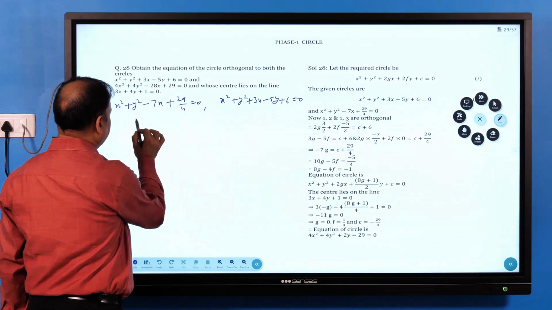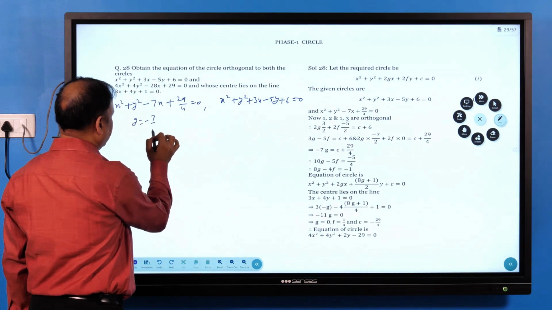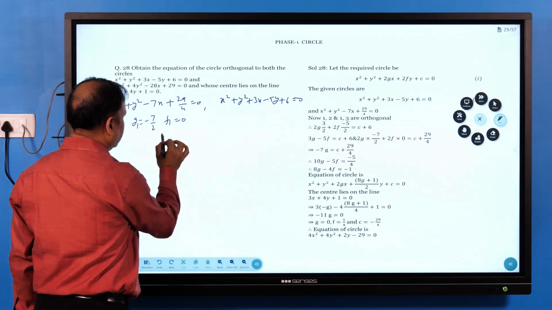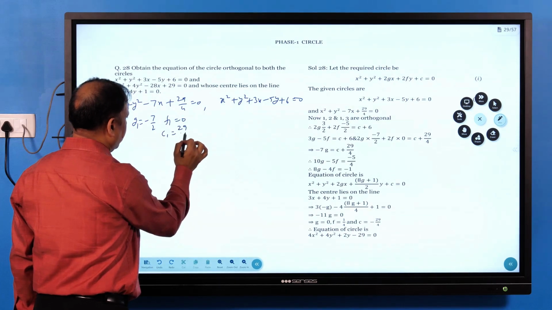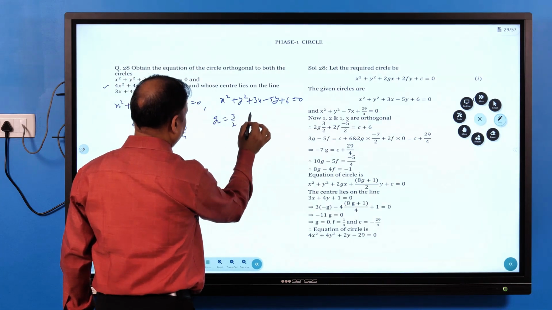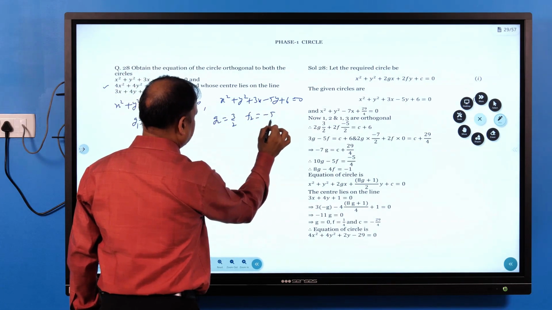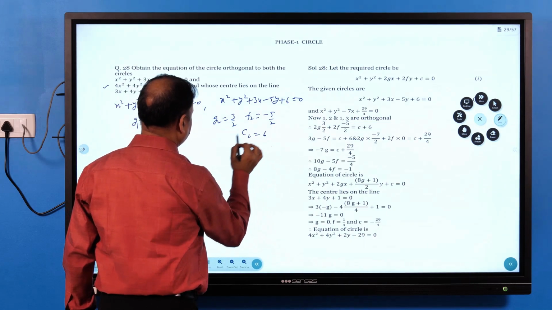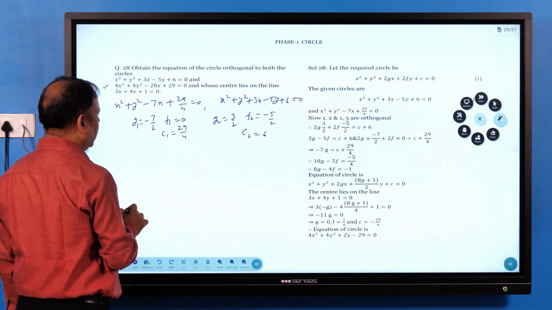So 2g is equal to minus 7 upon 2, g1 is minus 7 upon 2, f1 is equal to 0, c1 is equal to 29 upon 4. From here, g2 is equal to 3 upon 2, f2 is equal to minus 5 upon 2, and c2 is equal to 6. So condition for orthogonality.